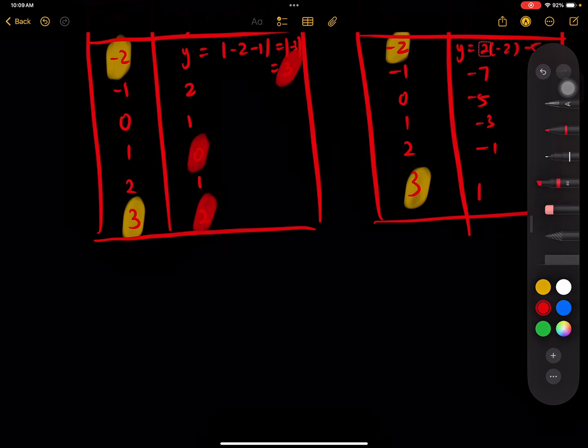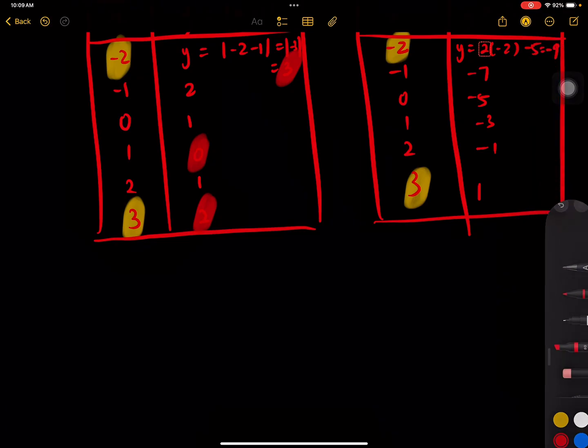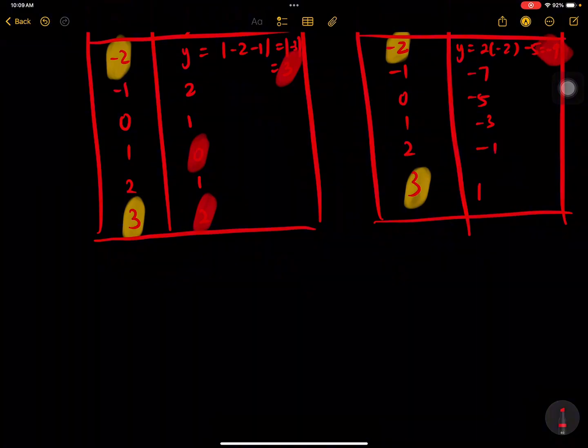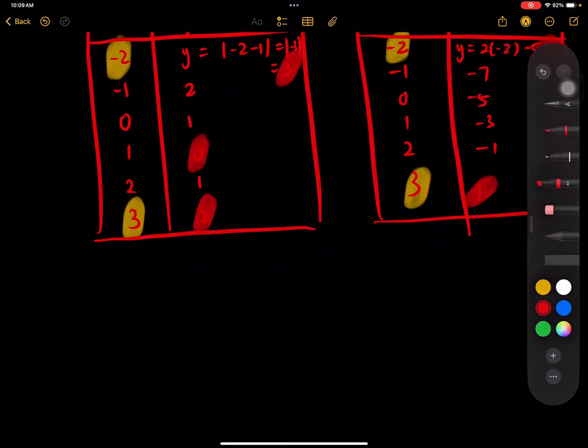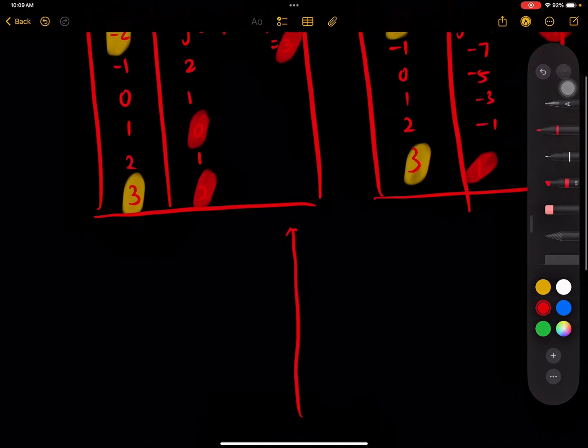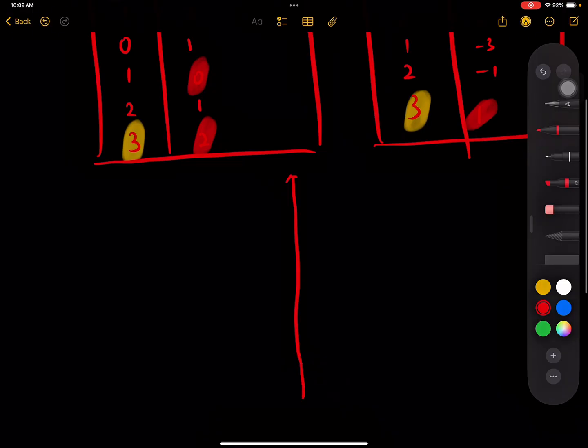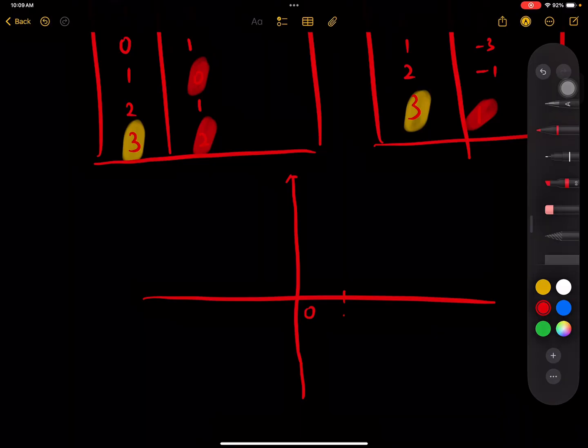And then for linear is from lowest will be -9 and highest will be 1. So you can say that your graph should draw from 0, 1, 2, 3, -1, -2, -3.